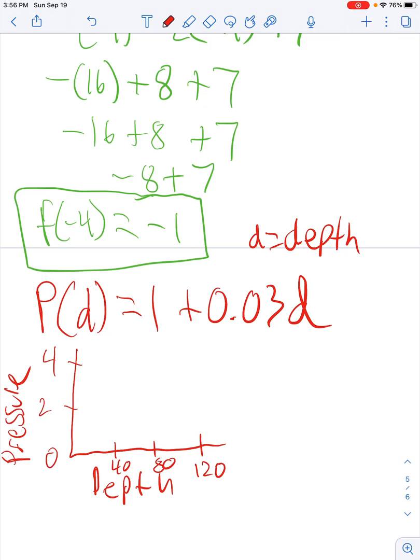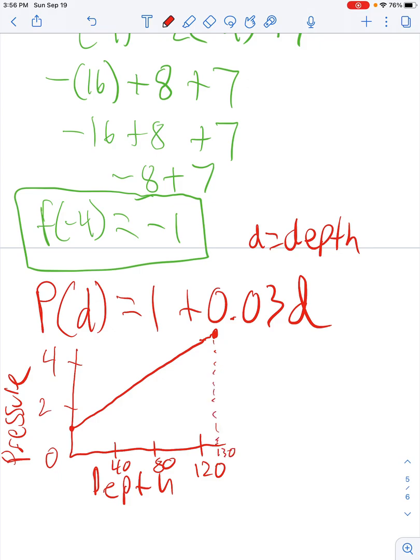I'm going to start here, and it's going to be a linear equation. It's going to look something like this. Because the depth varies from 0 to 130 feet, I'm not going to include this arrow because I'm going to stop at 130. So if you think about it, it's right here.